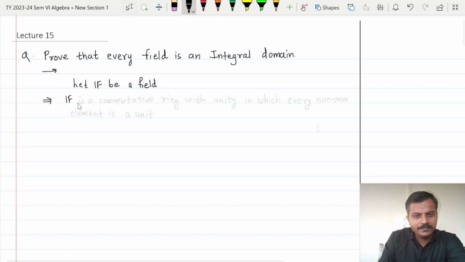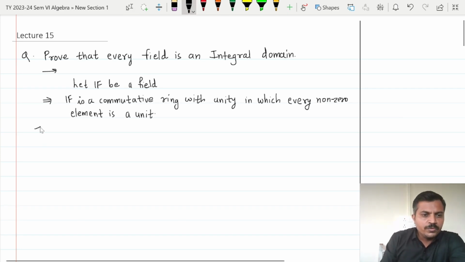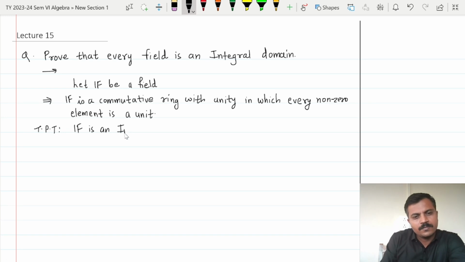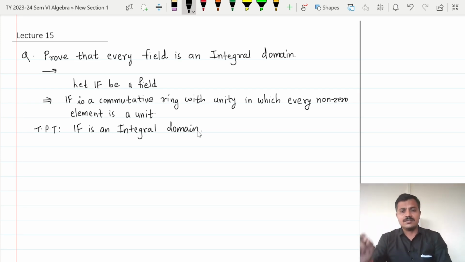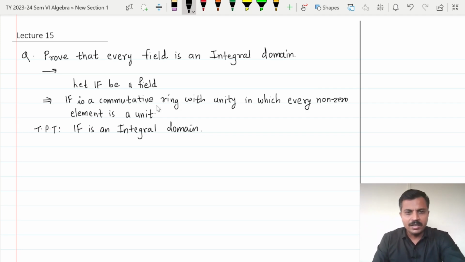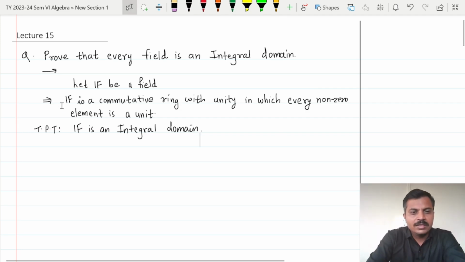So now, to prove that F is an integral domain means what? We have to show F is a commutative ring with unity without zero divisors. But as we can observe, since F is a field, F is already a commutative ring with unity, isn't it?